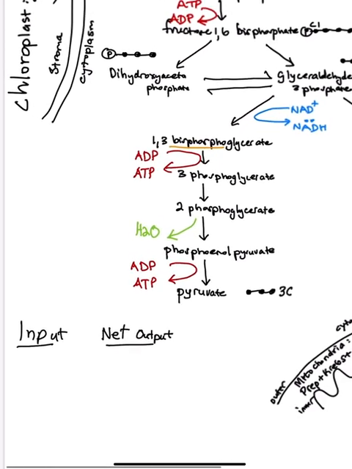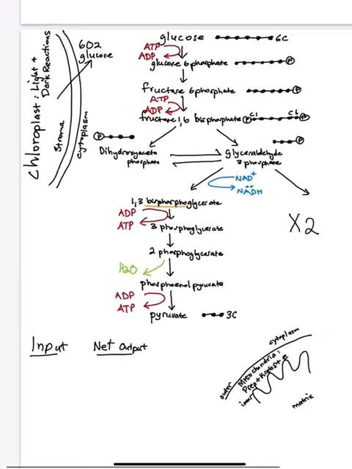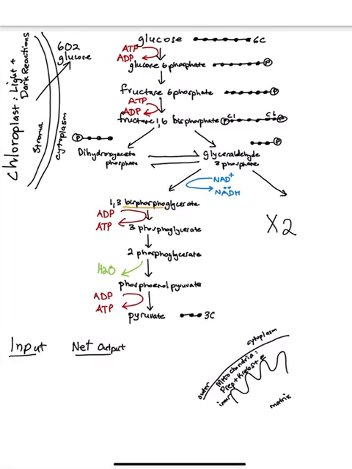So let's look at the reactions together here, and then you'll see that we have an input of 2 ATP and we have an output of 4 ATP. We have 2 ATPs leaving down here, one from the bisphosphoglycerate and one from phosphoenolpyruvate. But remember, we have to multiply that by 2. So 4 minus 2 gives us 2. Our net output is 2.